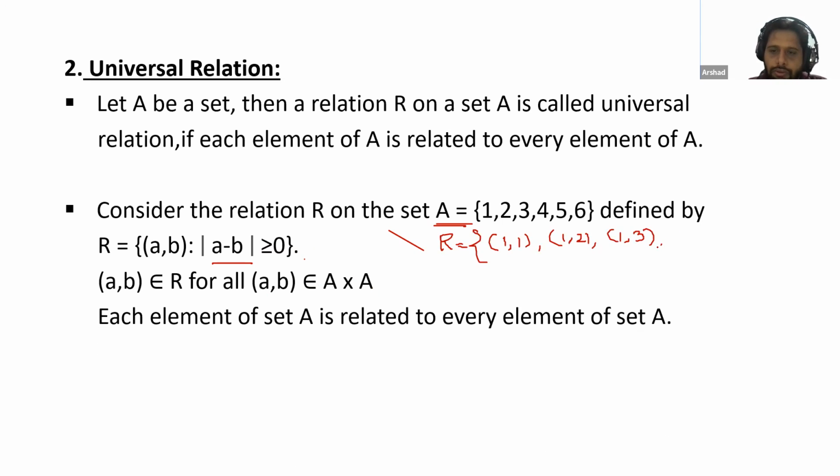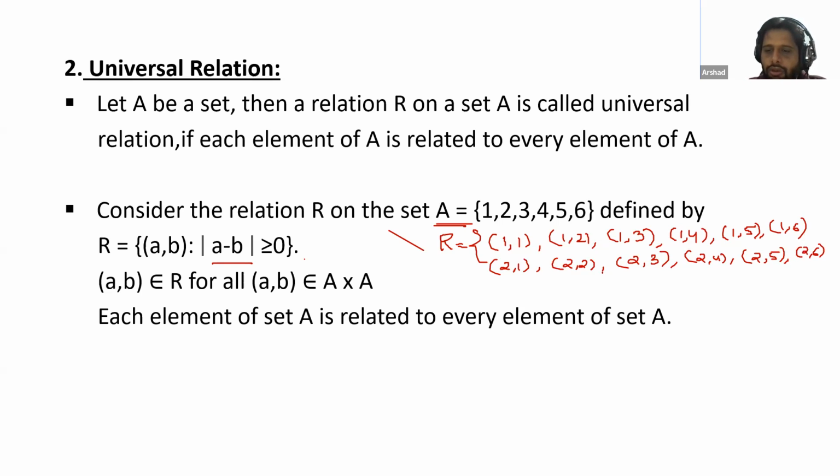Yes, you are correct, because there is a mod, that's why we will always get a positive answer. 1 comma 5, 1 comma 6. Next we have 2 comma 1, 2 comma 2, 2 comma 3, 2 comma 4, 2 comma 5, and 2 comma 6.